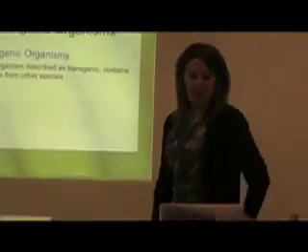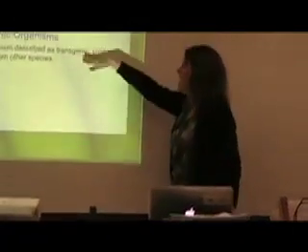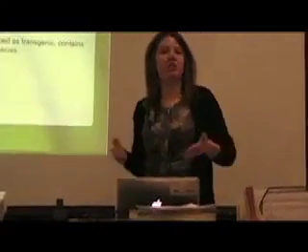Okay. An organism described as transgenic, all you need to write down is that it contains genes from other species. So we're taking, remember that tomato example with the elephant genes? To make it a larger tomato. That was a made-up example, but that's an example of a transgenic organism.